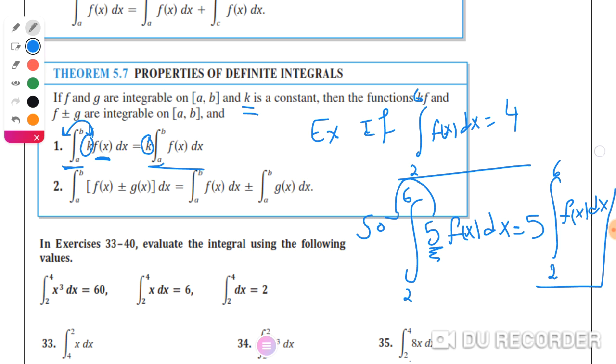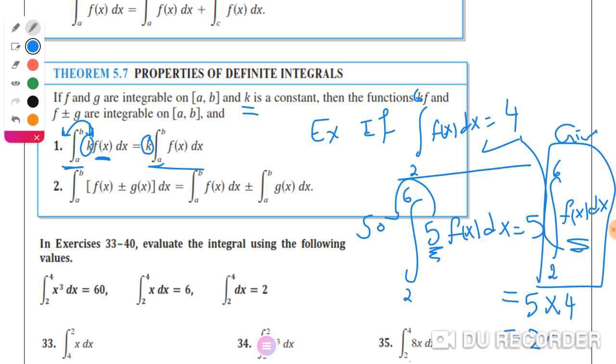But the value of this definite integral is already given in my problem. So the value of the definite integral from 2 to 6 of 5 times f of x will be 5 multiplied by the value of this definite integral, which is 4. It will be 20.